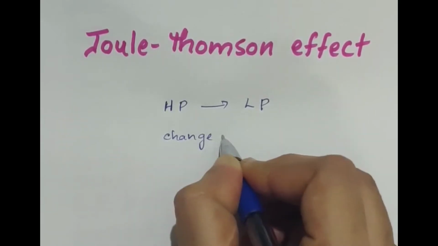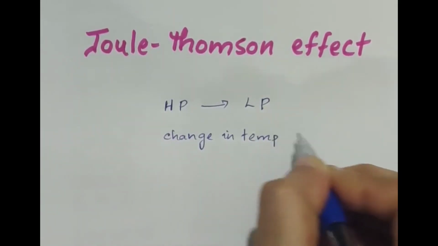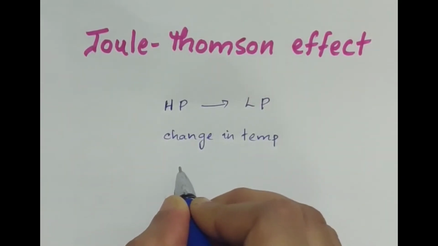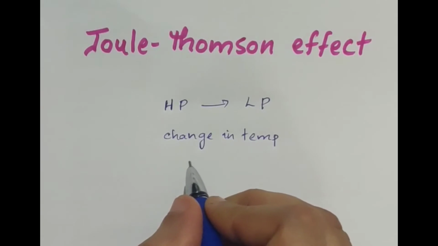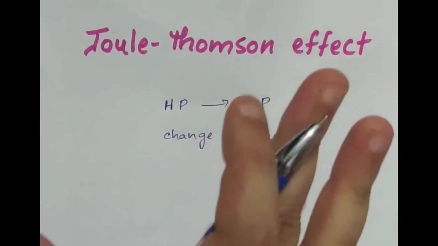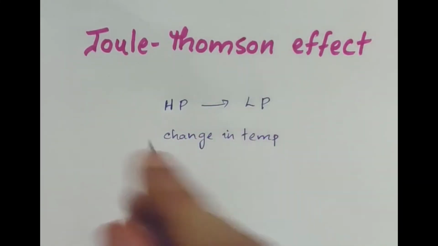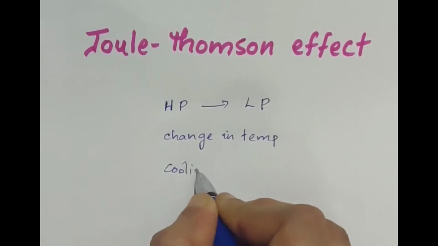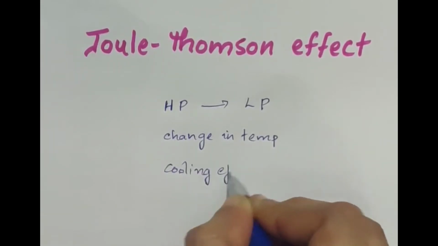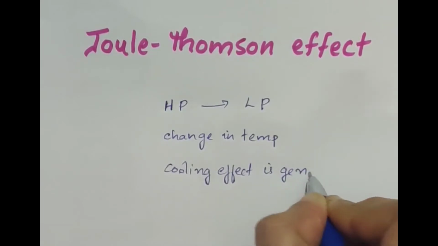That means most of the gases get cooled in Joule-Thomson adiabatic expansion. A cooling effect is generated for most of the gases.